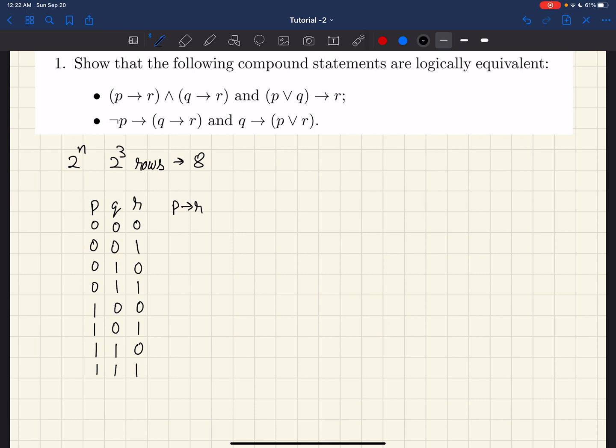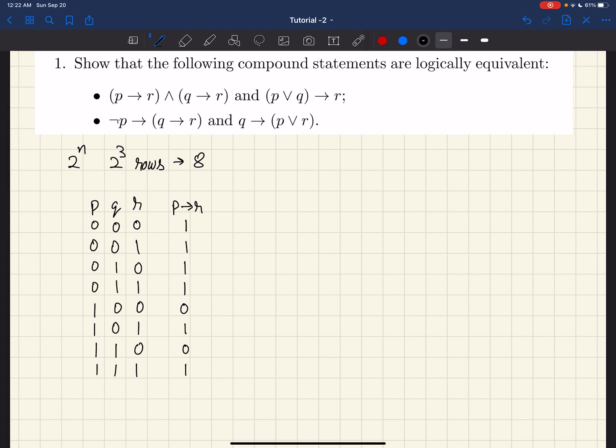But when P is true and R is false, this statement would be false. So in this case, P and R are the same, so it will be 1. Now P is 0, R is 1, it will again be 1. Again 1, 1. Now in this case, P is 1 and R is 0, so it will be 0. And 1.